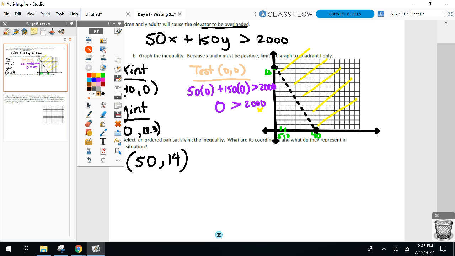And what's it mean? What's it mean if I have 50, 14 as a solution? One of the infinite solutions. What's the 50 represent? Well, let me back up. What's X or Y? 50. X. What was X? 50 children.